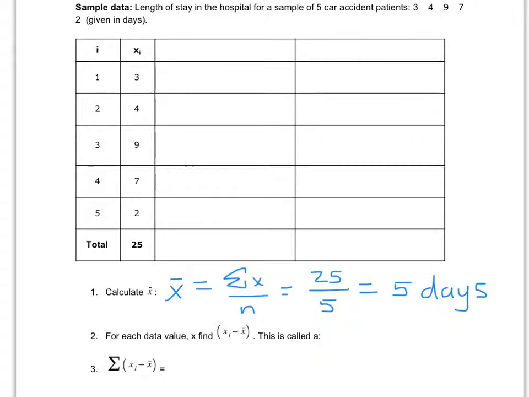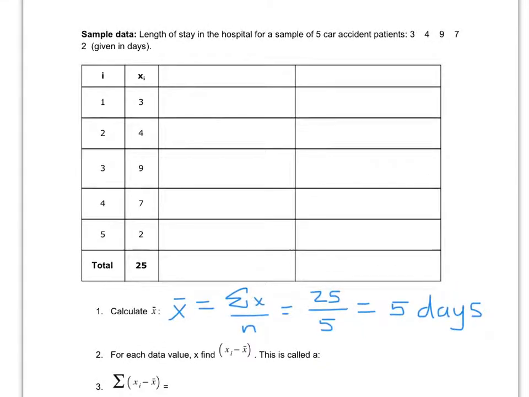Now, what we're trying to calculate is the average distance away from that mean of 5 days for each of the individual data values. So it would make sense to find that distance away, or that deviation from the mean. We take each individual x value, x sub i, minus the sample mean we just found.